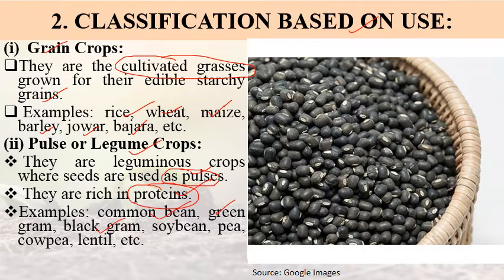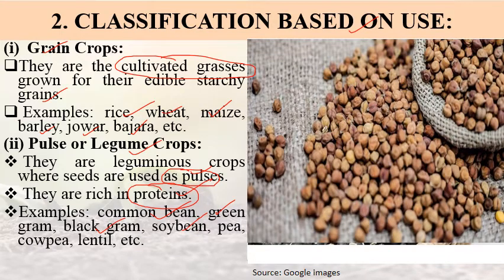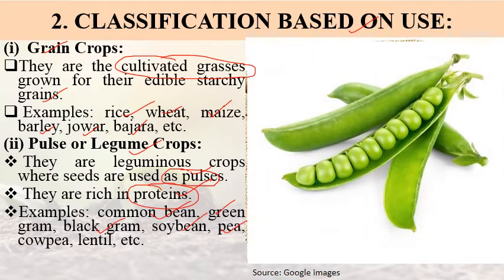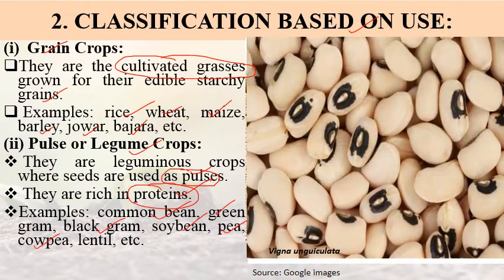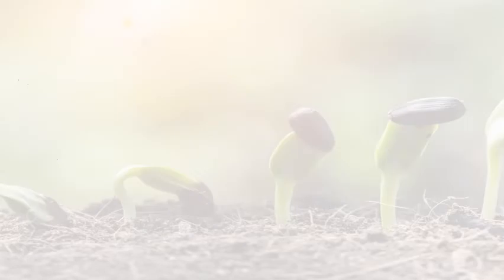Then soybean. Then we have peas and cowpea, which is Vigna unguiculata. Next we have lentil, that is Lens culinaris. So these are some pulses, and these are the leguminous plants which are rich in proteins.